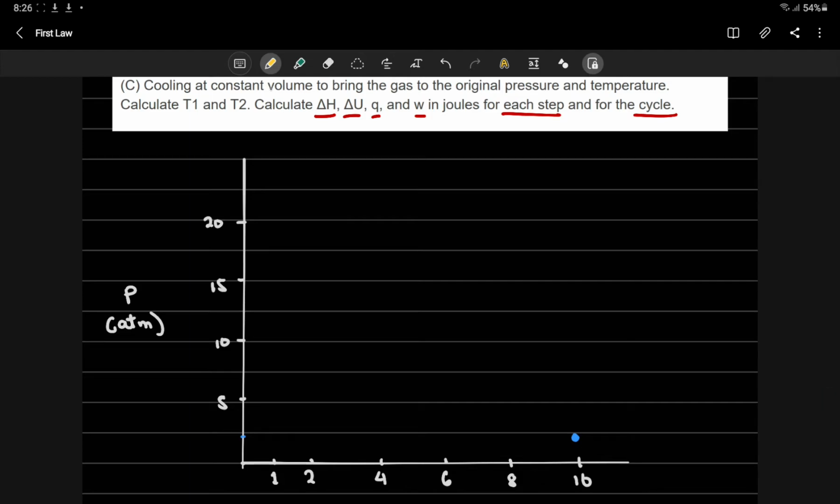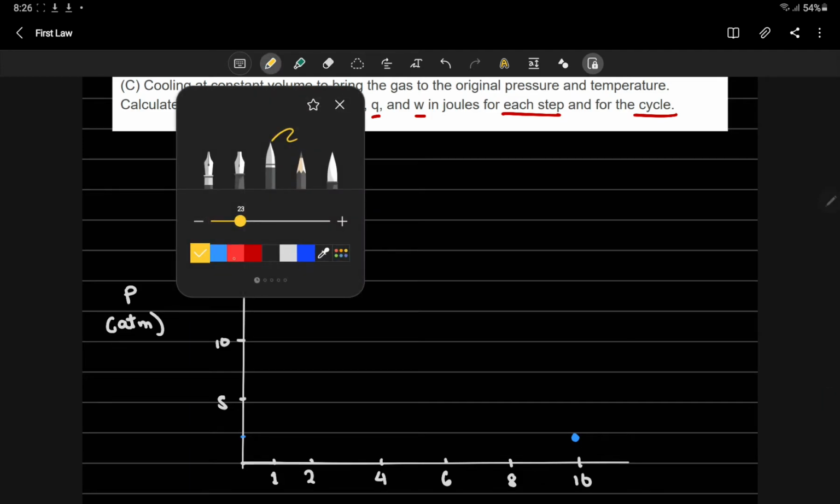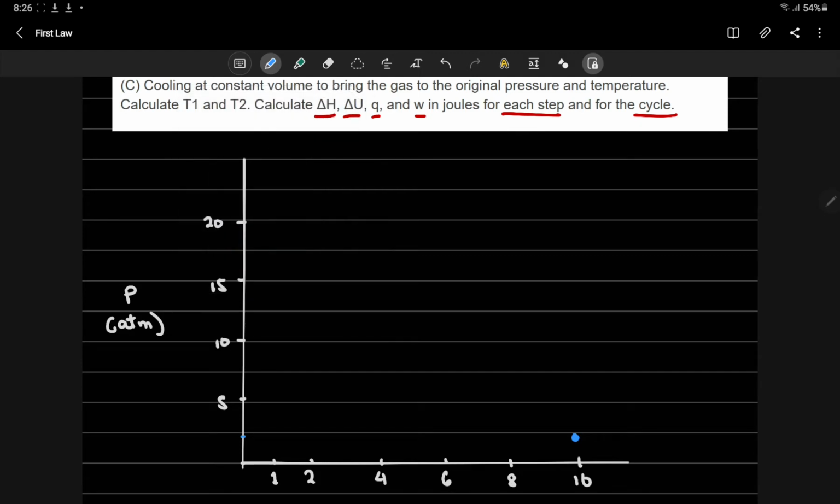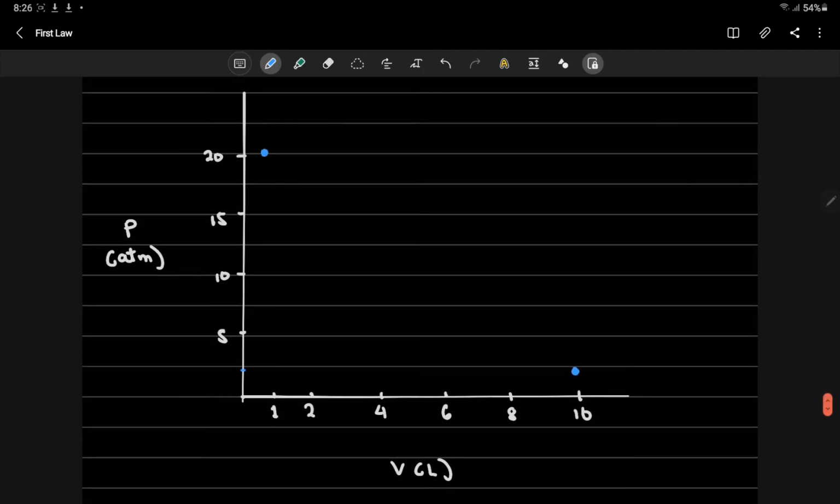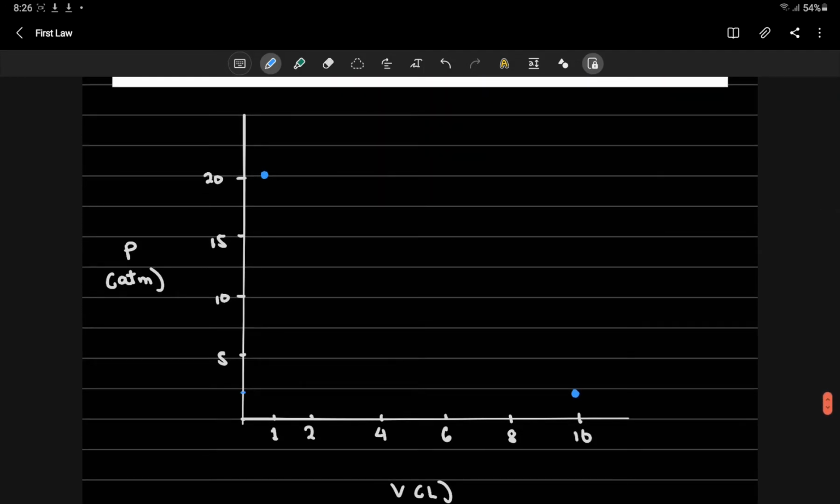It is somewhere right here. Okay? So that is 1 liter and 20 atmospheres. So our abscissa here is volume in liters and the y-axis is pressure in atmospheres. So that is the first step of the process. Let me just draw here a line to indicate that step.